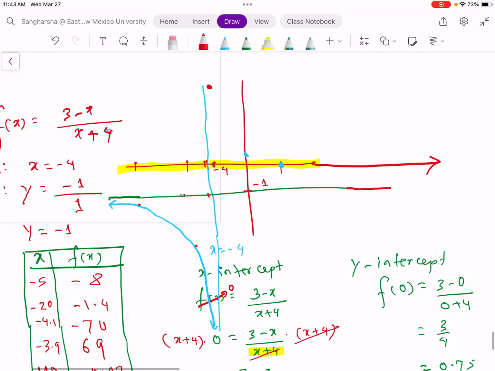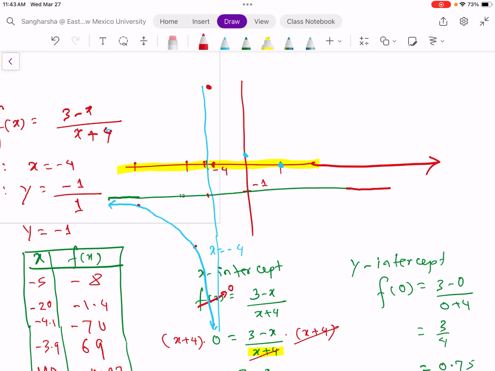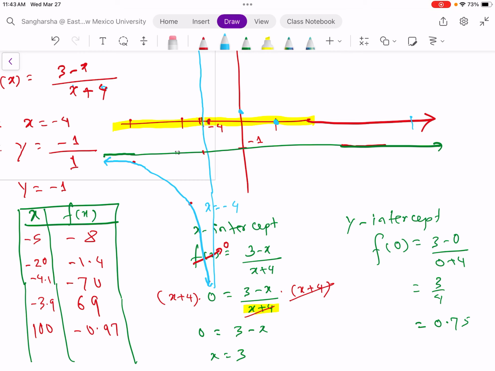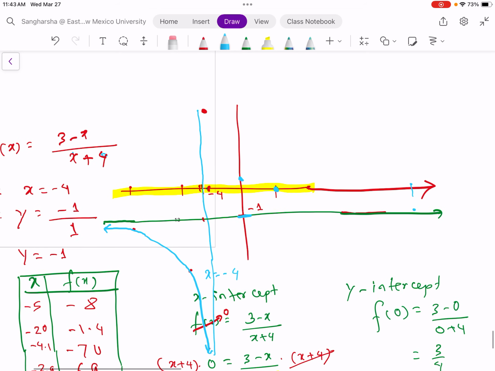So let's say this is 100 and negative 0.97, close to negative 1. So somewhere here, close to this line. So we get a graph here.